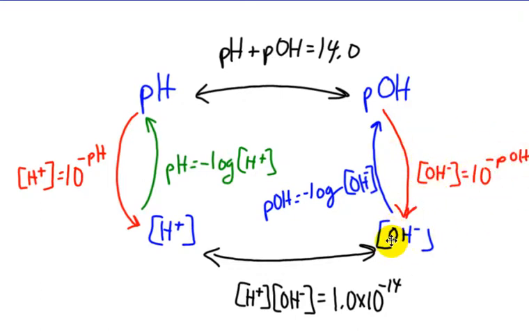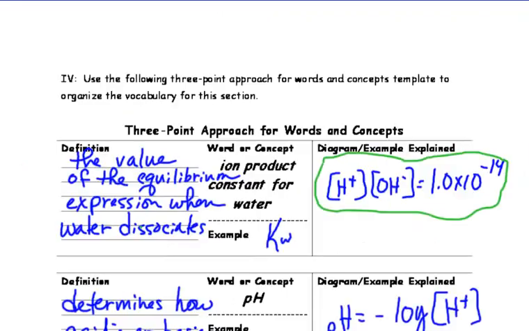To go from hydroxide ion concentration to pOH, we had that. There's the relationship between pH and pOH, and the relationship between H and OH. So if I know what OH is and I want to figure out what pH is, I use this equation, then do this. Or I could, again, find the pOH and then use this relationship to figure out pH. So you can see there are two different routes you can take. It doesn't matter which one you use.